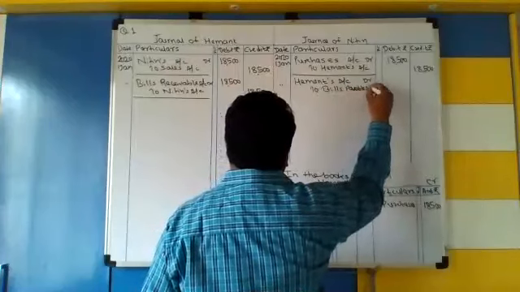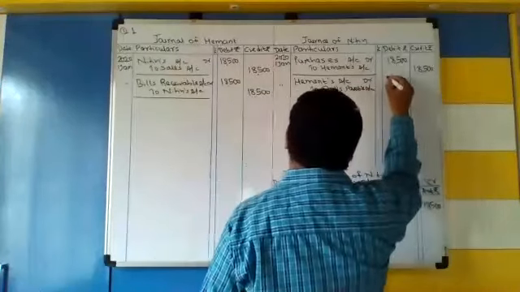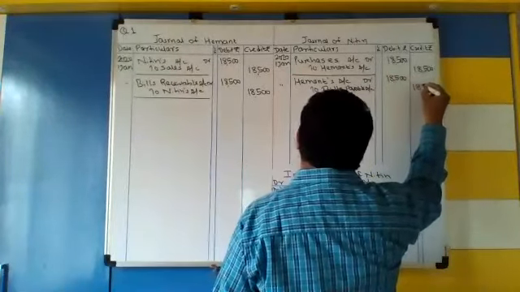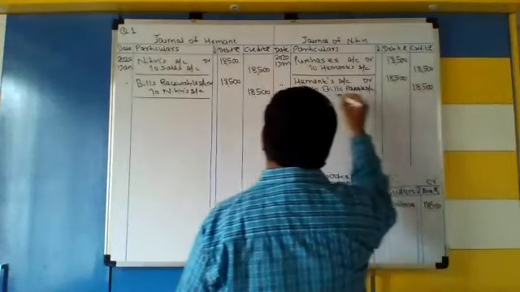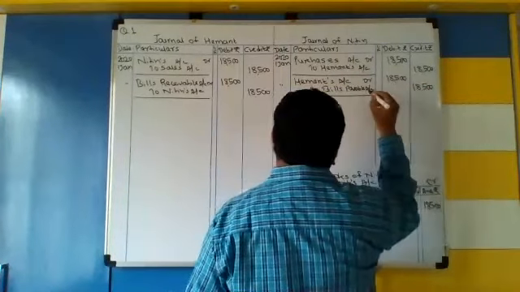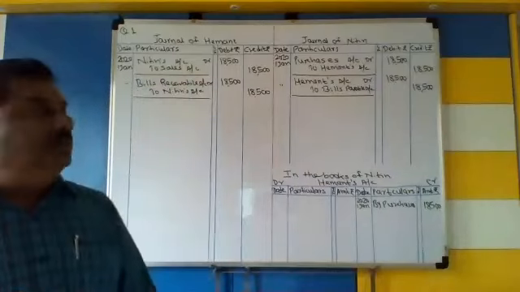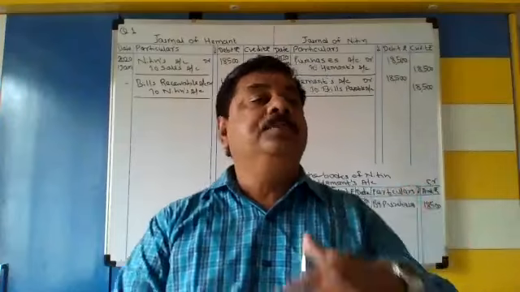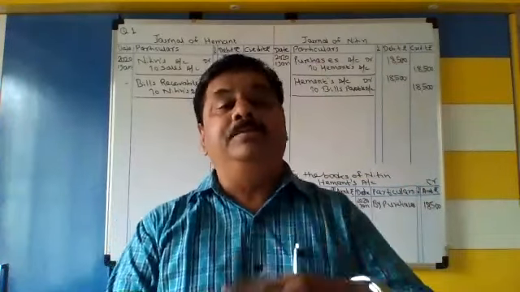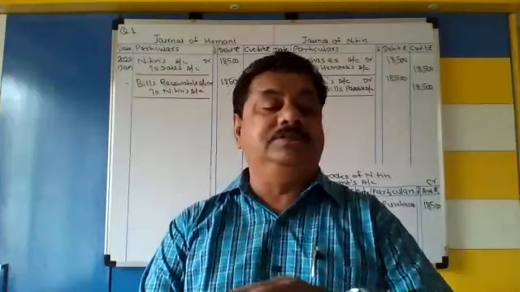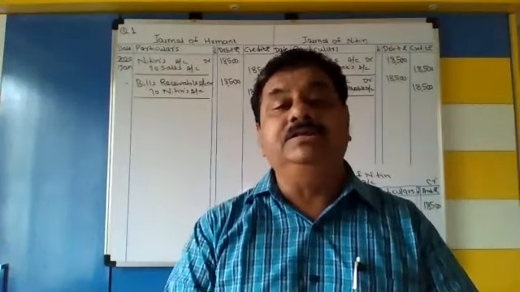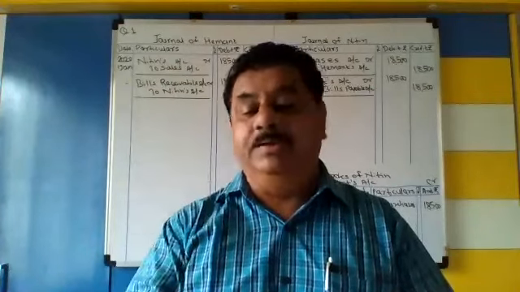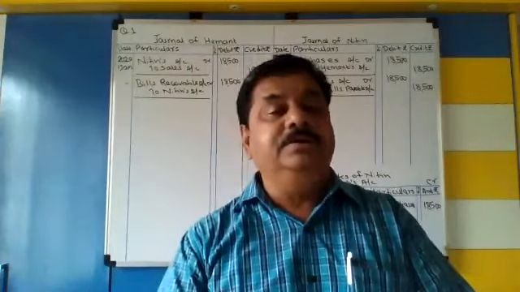The amount is 18,500, same date, same amount. But what will he write? Bills payable. Hemant account debit to bills payable account. Hemant is the receiver of the bill, and the bills payable is actually given to him, because it is accepted for him. Narration.